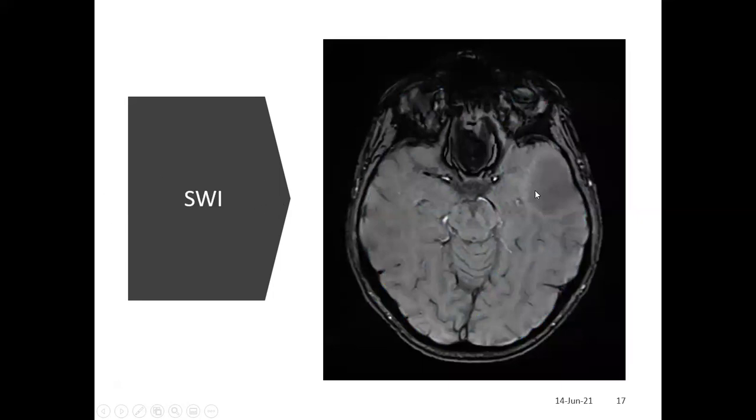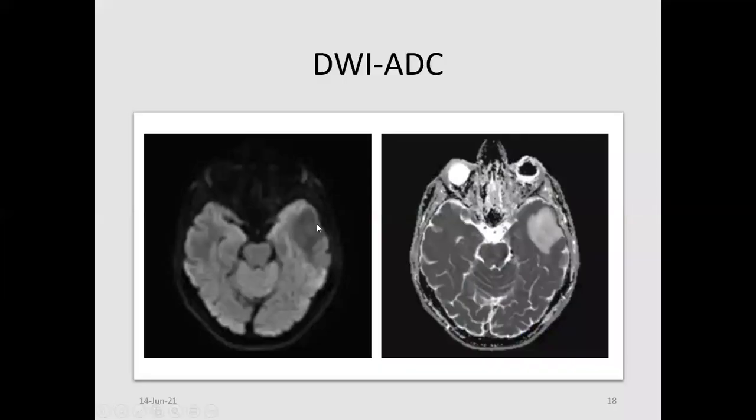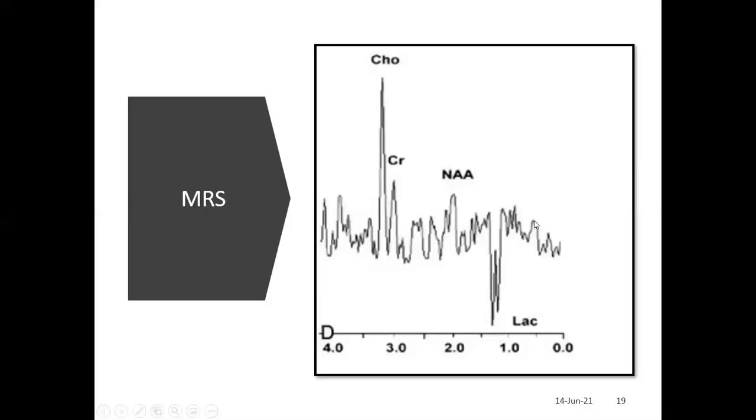In susceptibility weighted imaging, we look for micro hemorrhages and blooming, but here there are no micro hemorrhages. In diffusion weighted imaging, there is no restricted diffusion. If there is a high grade glioma, there is definitely restricted diffusion. With no restricted diffusion, you see a hypointense area, and the corresponding ADC map appears white.